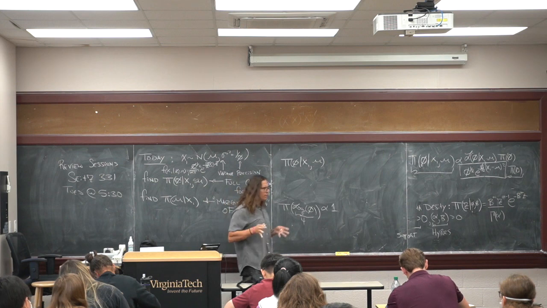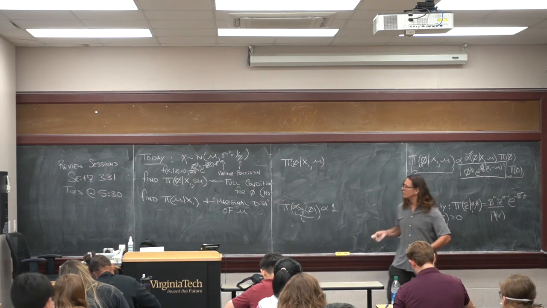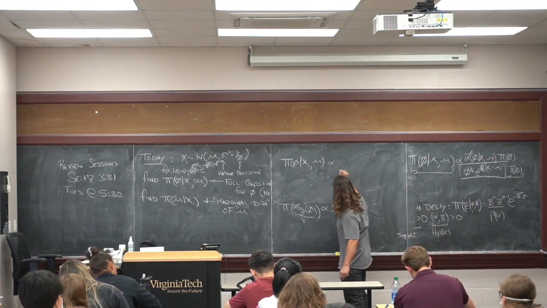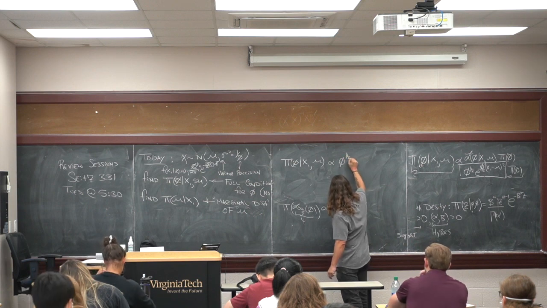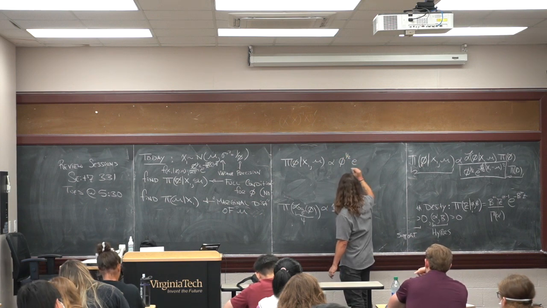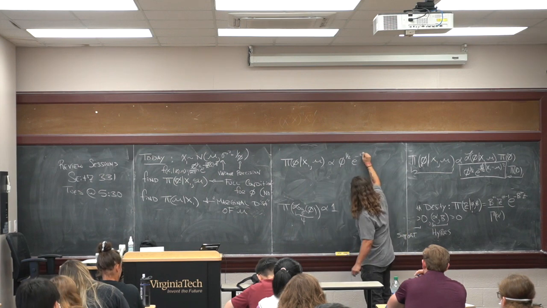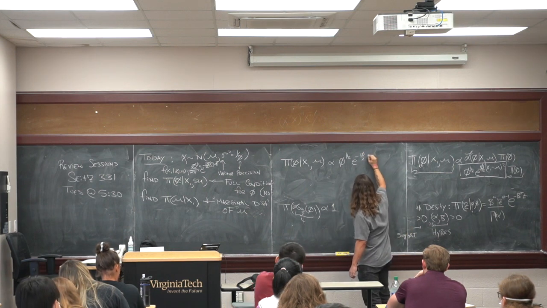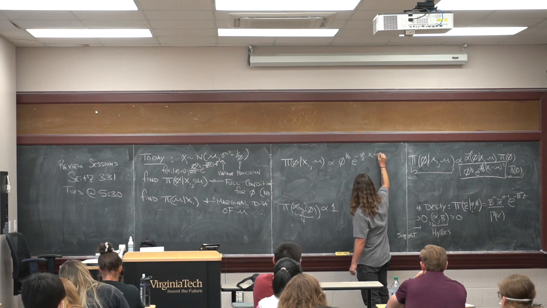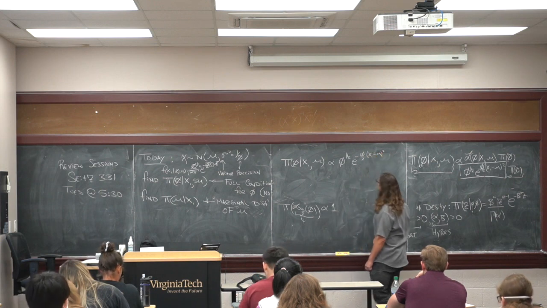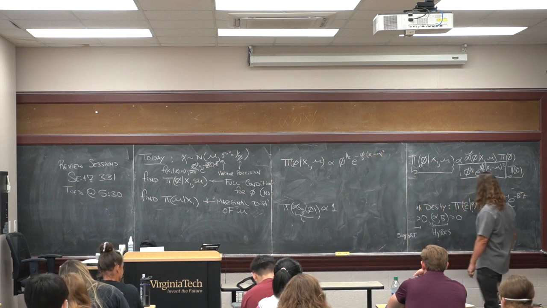Of course, in high-dimensional space, that's not so easy. We don't need to use computers. But this is going to look like phi to the 1/2, e to the minus phi over 2 times x1 minus mu squared. And then we're going to have our prior.